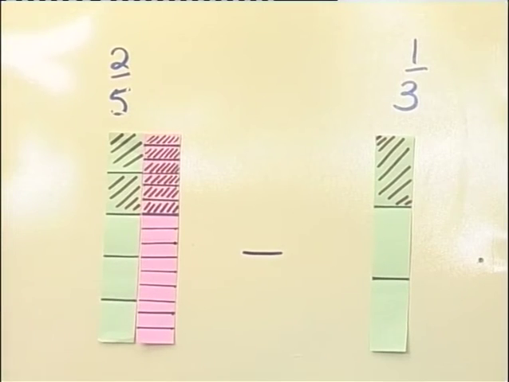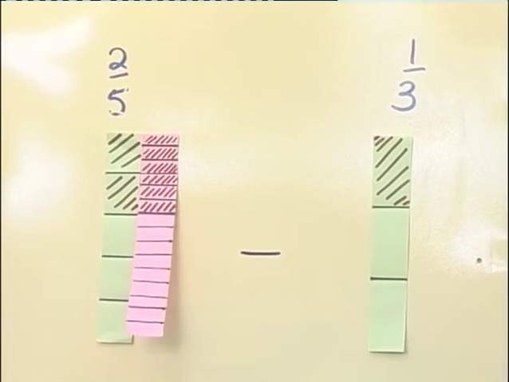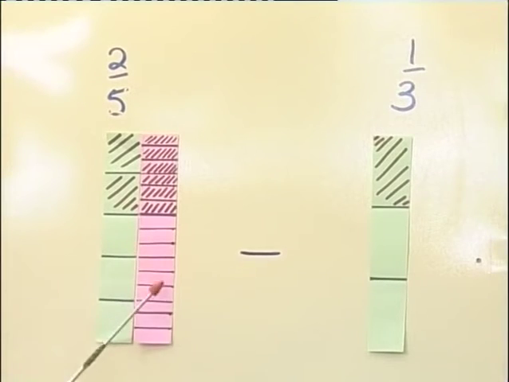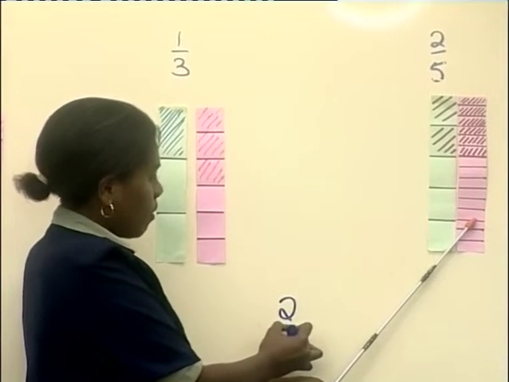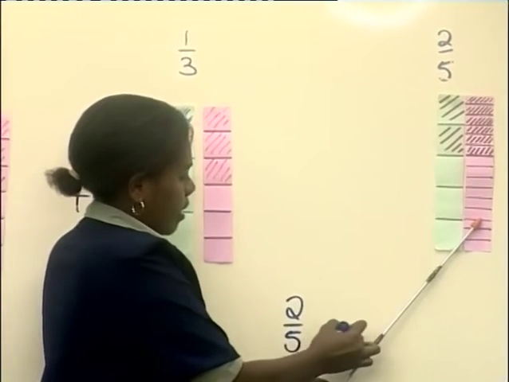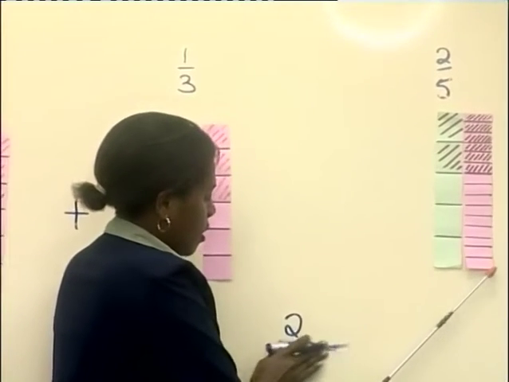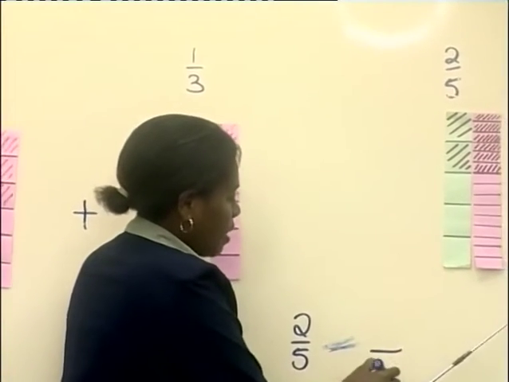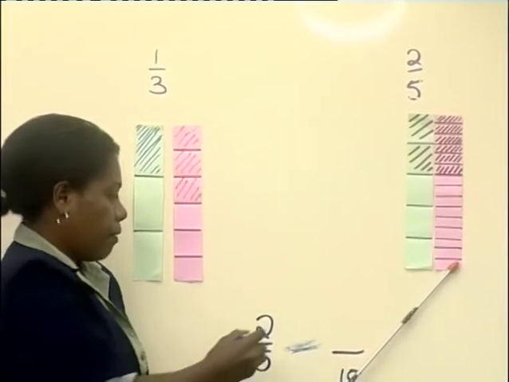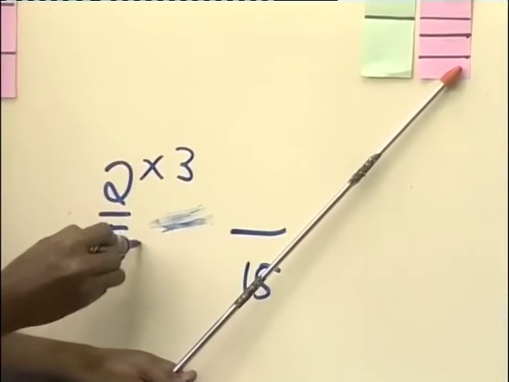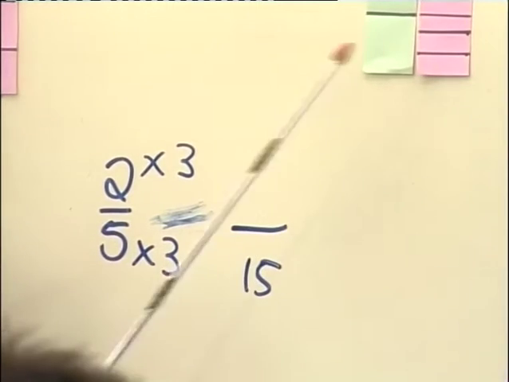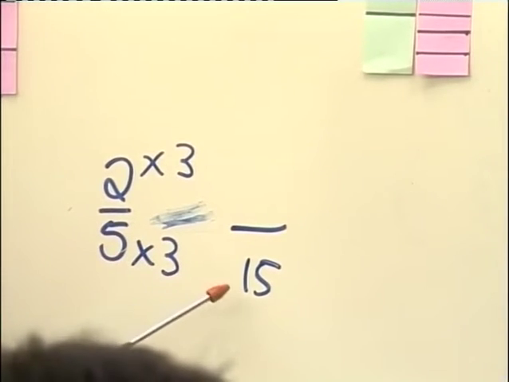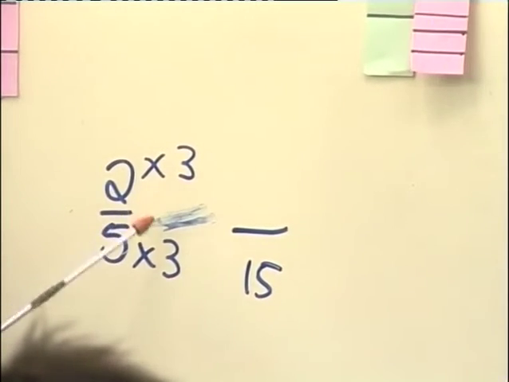When you're using the formula, if you want to find out, let's say, 2/5, how many 15ths? Multiply by 3, because 5 times 3 will give you 15. So you have to multiply the numerator by the same number.